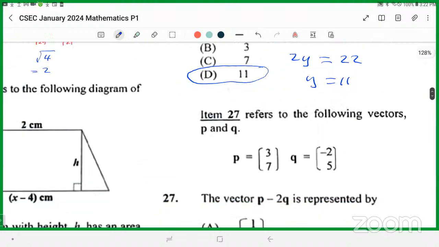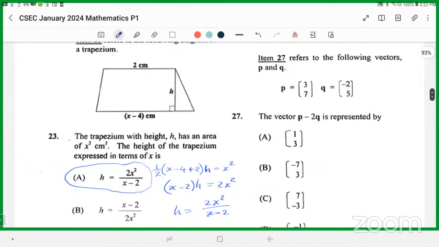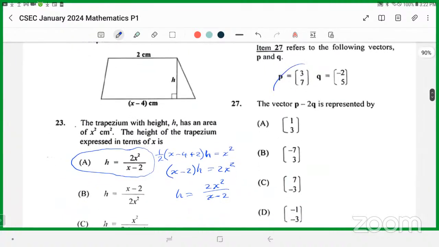Next question, 27, gives us these two vectors. It's asking us for p minus 2q. So we're doing this one first, the p is 3, minus 2 times this.